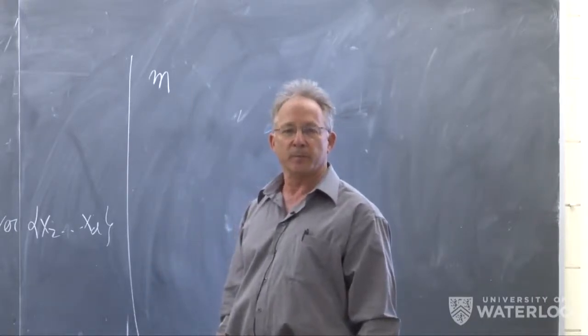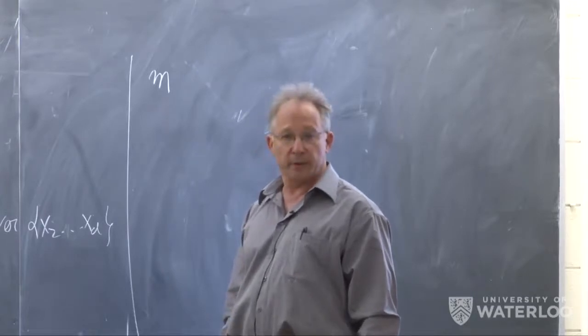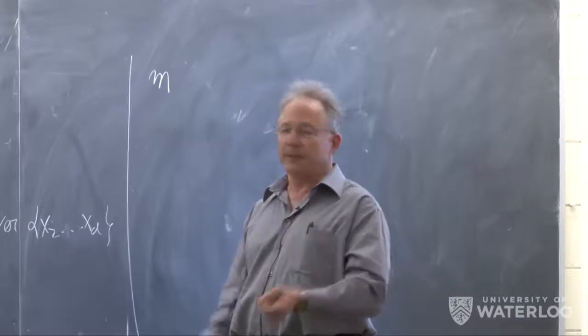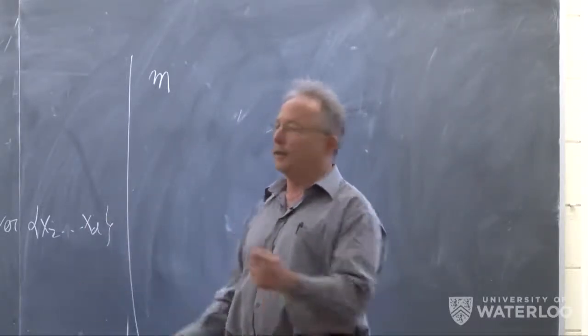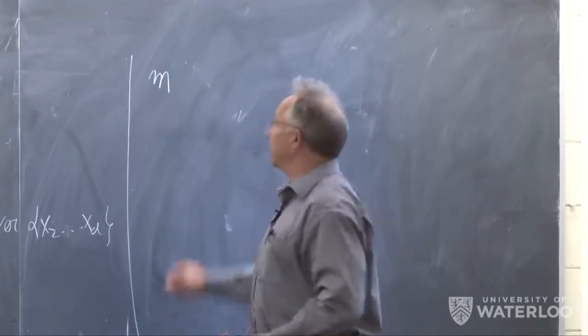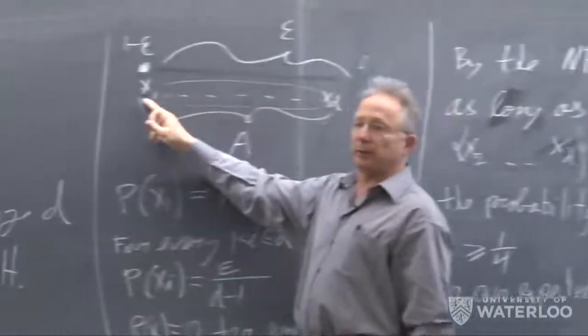Just a question, is this with or without repetition? It's with repetition. We're just drawing each time IID. IID means I ignore the past. I don't know if the point was picked before or not, and I pick it again. So only an epsilon fraction of my points are going to hit this area.